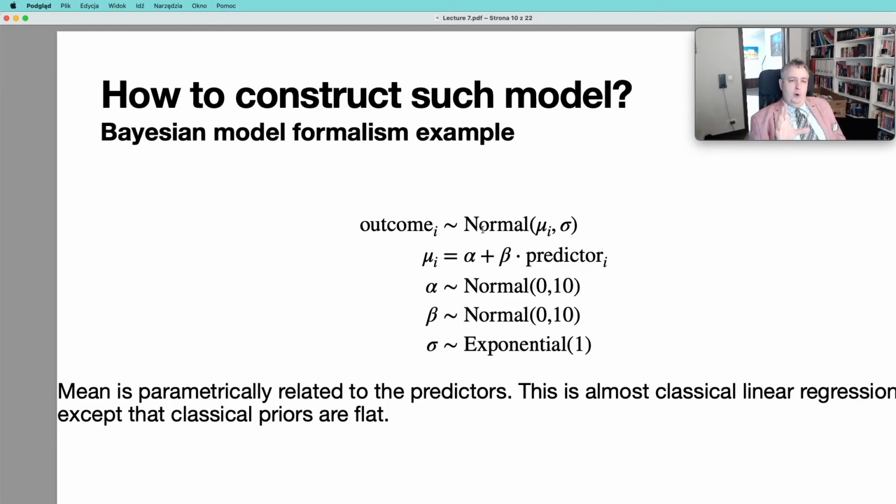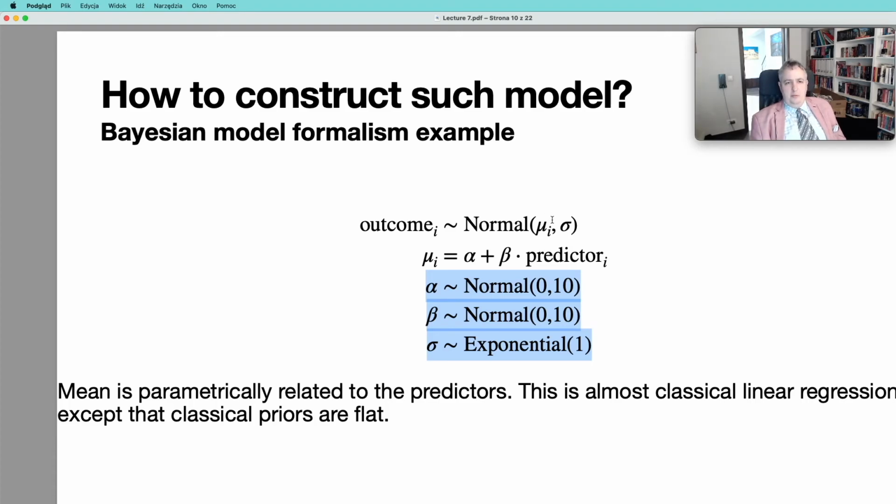So this is almost a classical linear regression. Why? Because classical linear regression is this part, these two lines. In classical linear regression, we have a normal distribution. However, what we have in the classical nomenclature is that all priors for those parameters are flat.